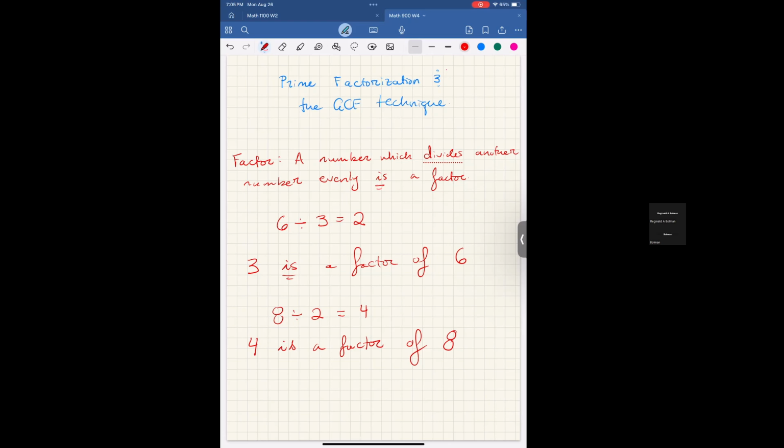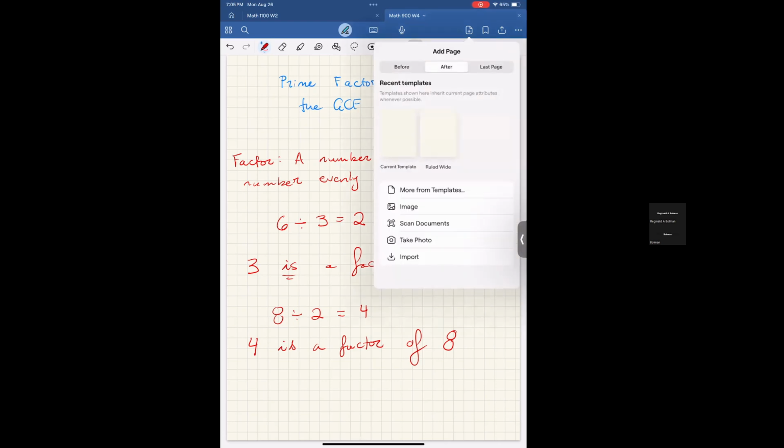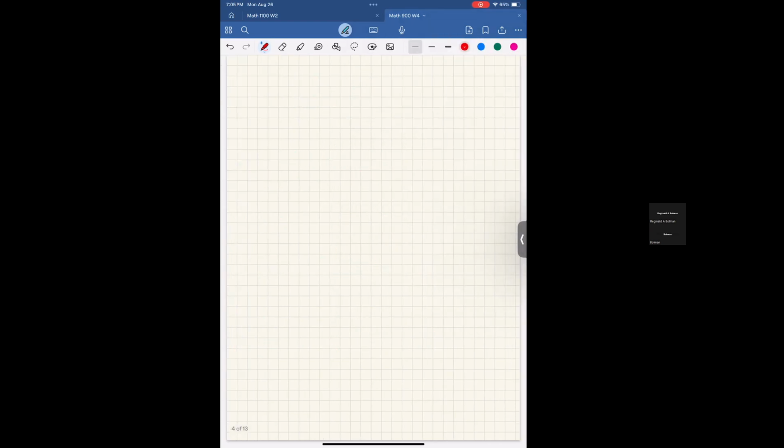So if a number divides another number evenly, we say that that number is a factor. Now, critically important to know is that there are special factors called prime factors that are really, really super important to simplifying fractions. But before we get to that, let's just review what a prime number is.